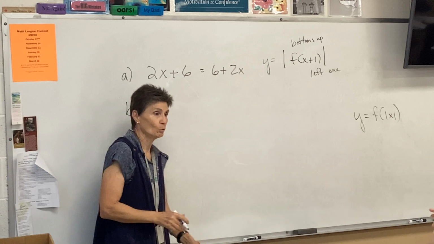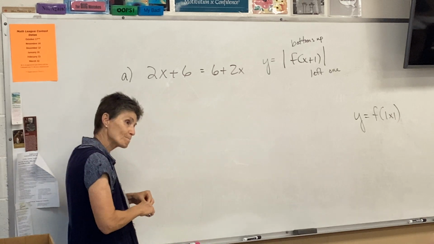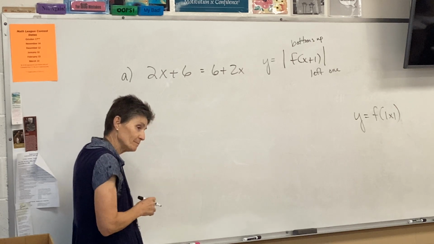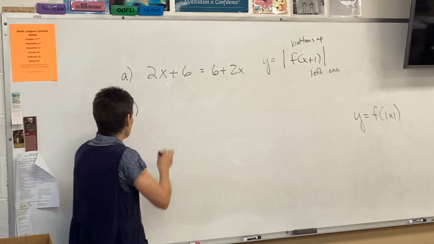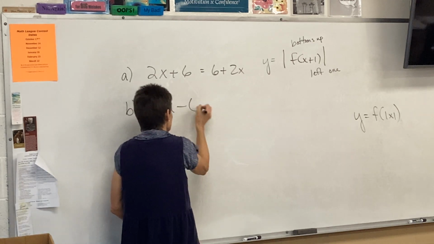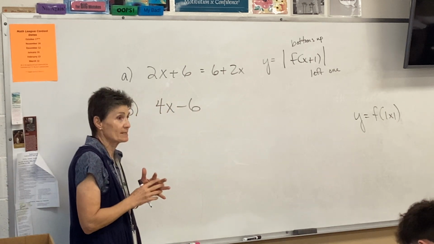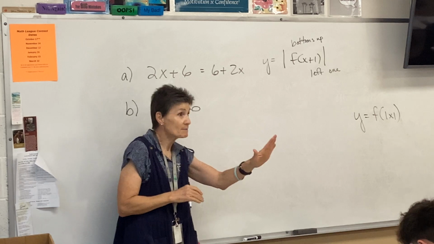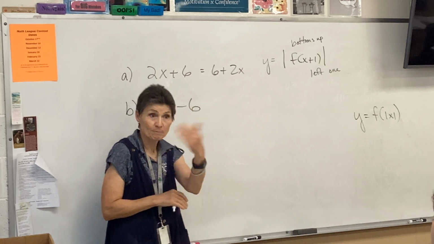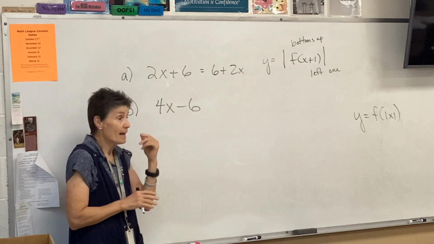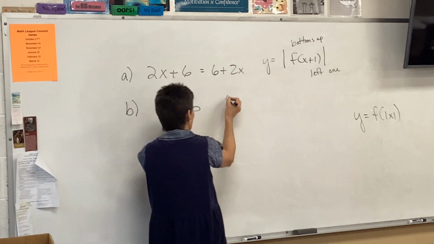Okay. 6 less than 4 times a number. Now be careful with this one, Jack. Go ahead, jump in. I said 4x minus 6. You're right. That's exactly right. That is 6 less than 4 times the number. It means take 4 times the number and then subtract 6. Now, is that the same as this?